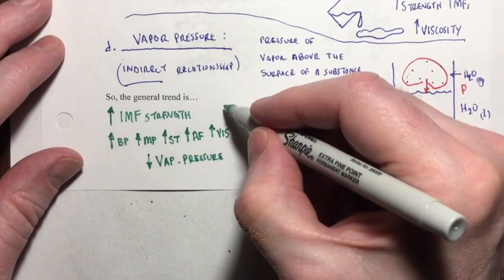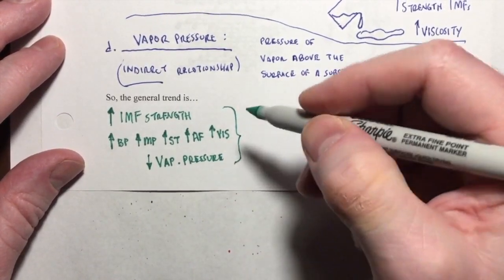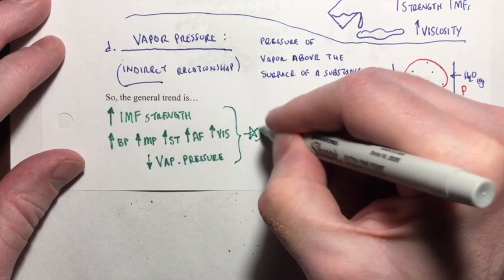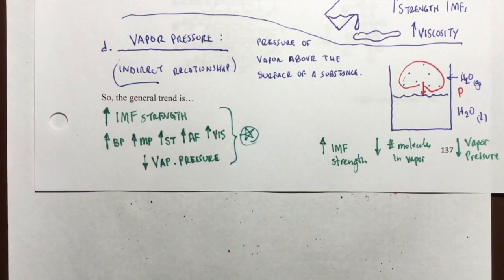So there's the general trend, and you should be very familiar with this general trend. You should also be able to define each of these properties: the boiling point, the melting point, the surface tension, the adhesion forces, the viscosity, and the vapor pressure. All right.